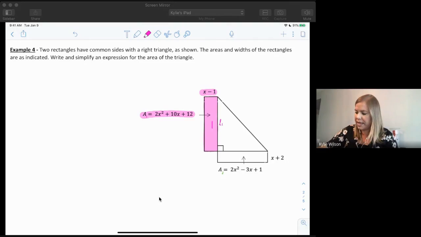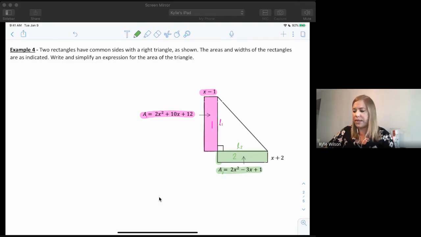Now we have a second rectangle that's touching our triangle right here, and we're going to call that A2. A2 has an area of 2x squared minus 3x plus 1 and a width of x plus 2. That will give us the base of our triangle, which we'll call L2 like that.